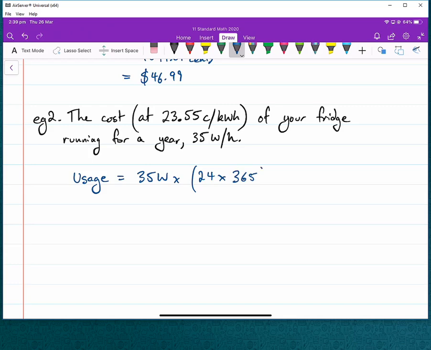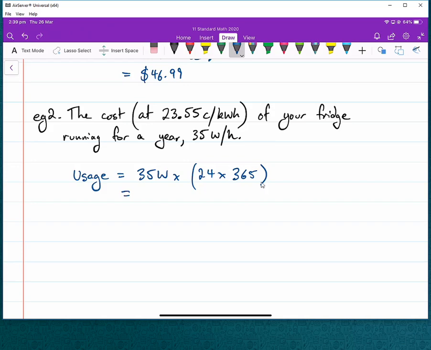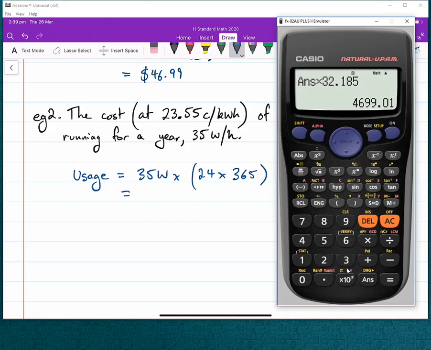So that's how many hours there are. That would give us, calculator, 35 times 24 times 365 is 306,600 watt hours.